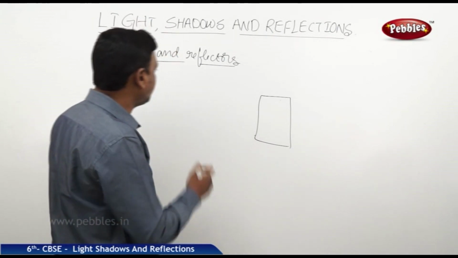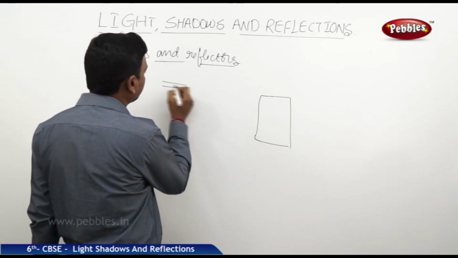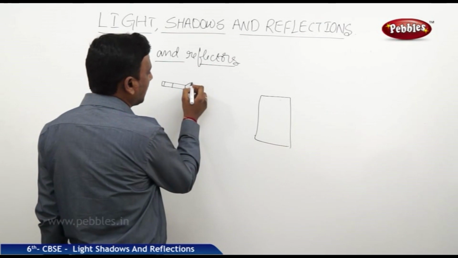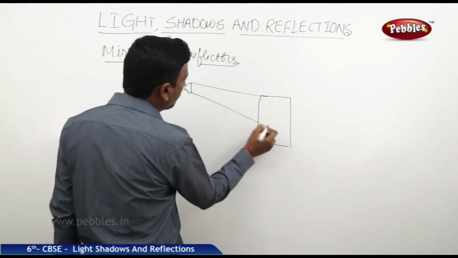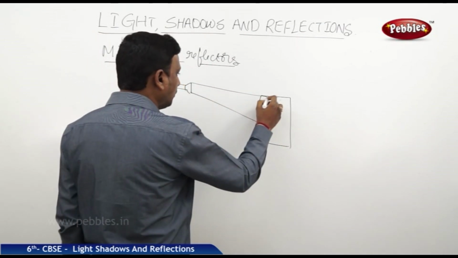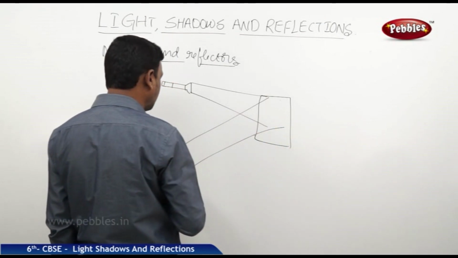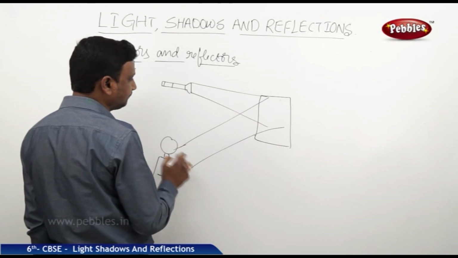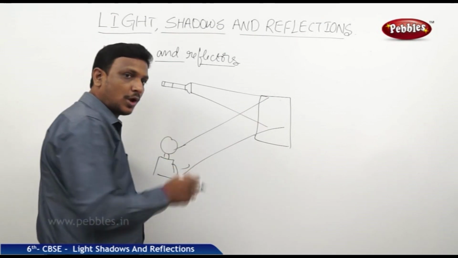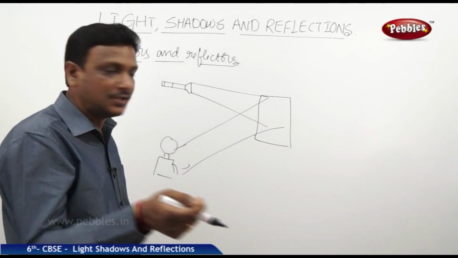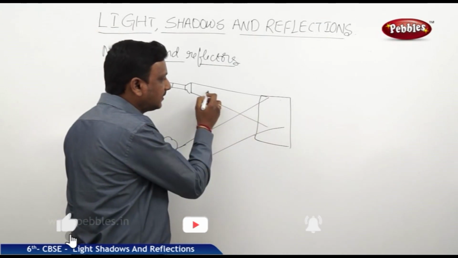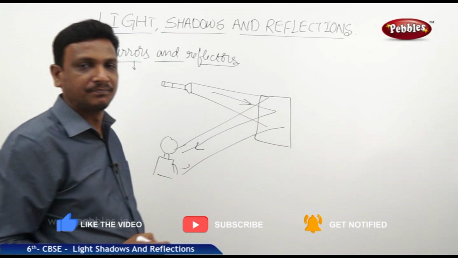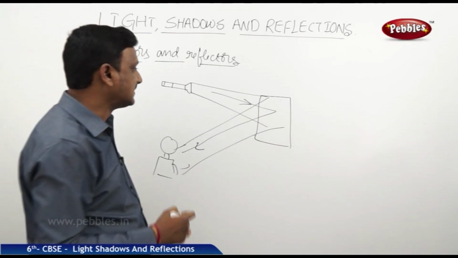Okay. So you have taken a torch and you focused that light onto a mirror. Now the mirror will reflect the light onto something else. Here your friend is there. He is standing over here. You are not throwing the light on your friend directly. You are throwing the light onto a mirror in this direction. So the light is reflected to your friend. So by this we can say two things.